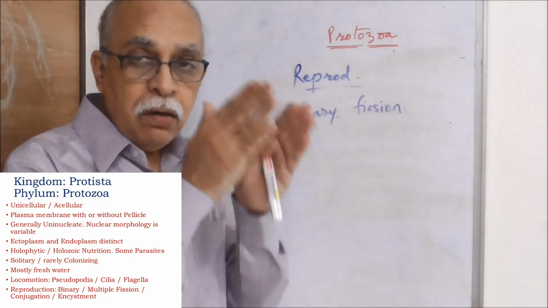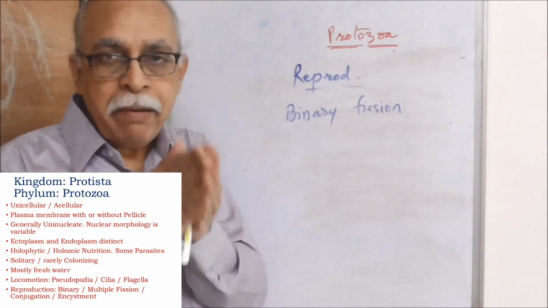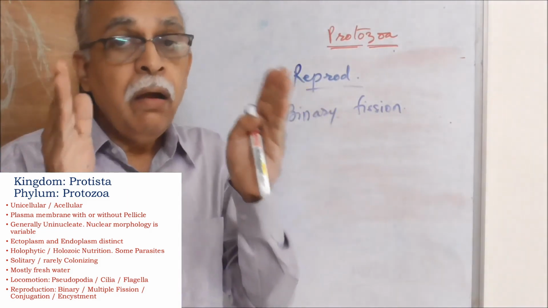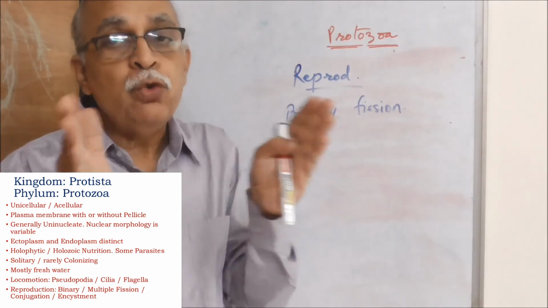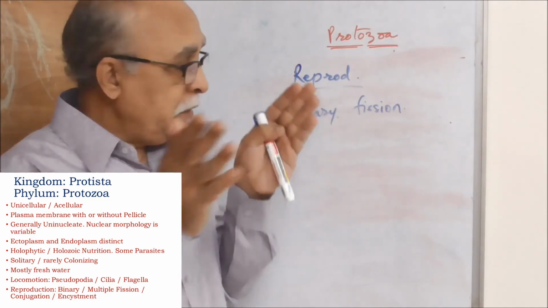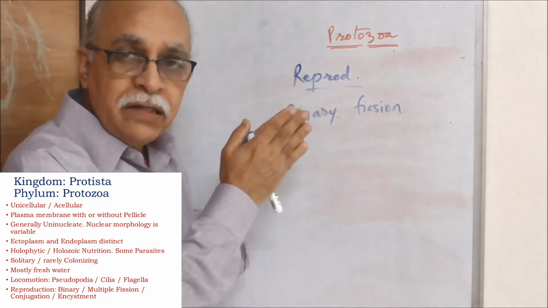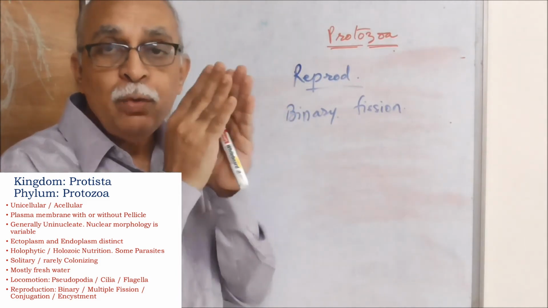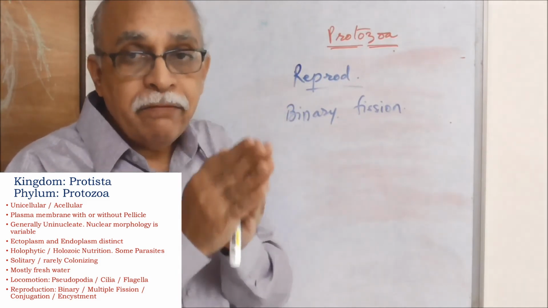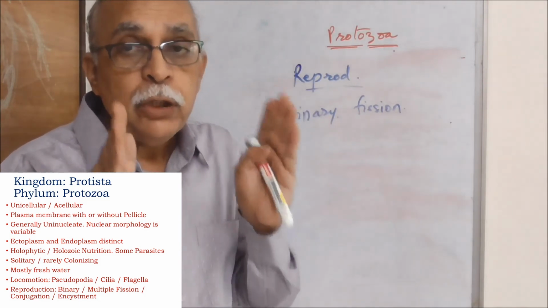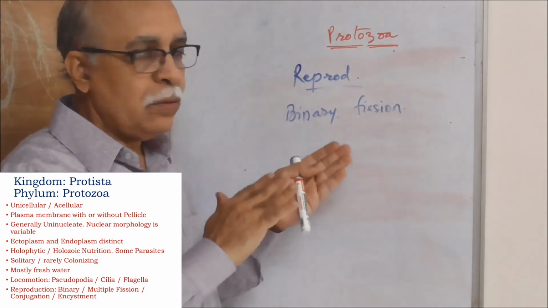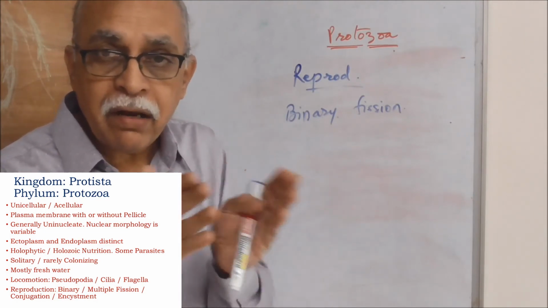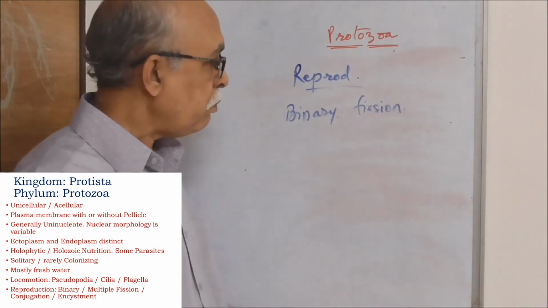Binary means one single cell, one parental cell dividing, mitotic division, mind well, dividing mitotically into two daughter cells. But here the cell itself is an organism, so one unicellular organism divides into two unicellular organisms. Mitotic division, so chromosome number would remain the same in parent and daughter cells.